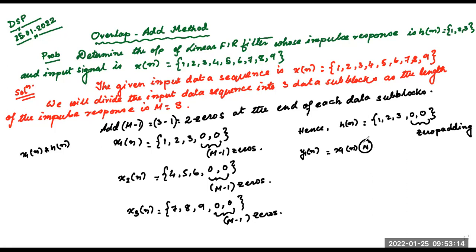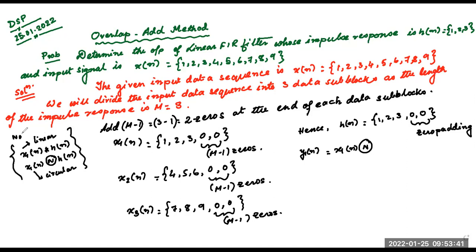And circular convolution is this type. You must know the notation difference between circular and linear convolution.